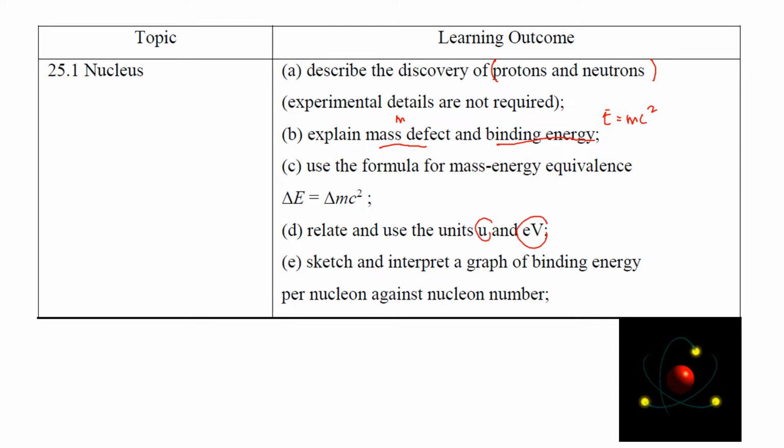Then you need to sketch and interpret the graph of binding energy per nucleon against the nuclear number. You need to understand the graph and the equations to find what you want, whether you need to calculate the binding energy per nucleon, the nuclear number, or the binding energy only. We will discuss more later.